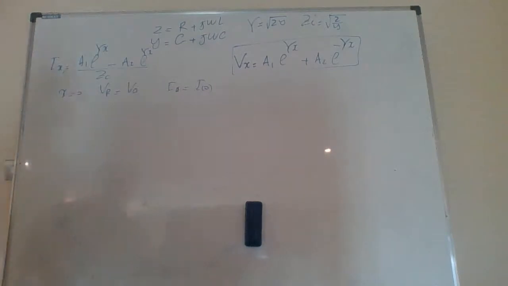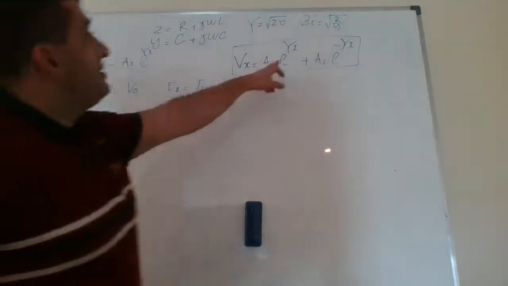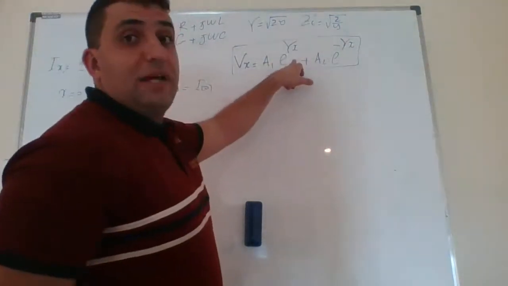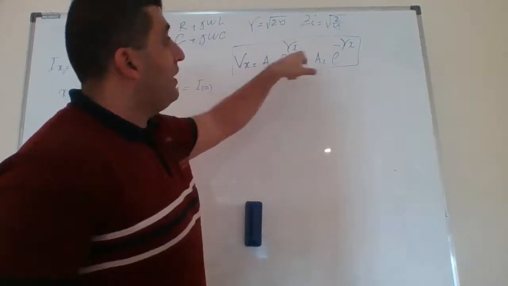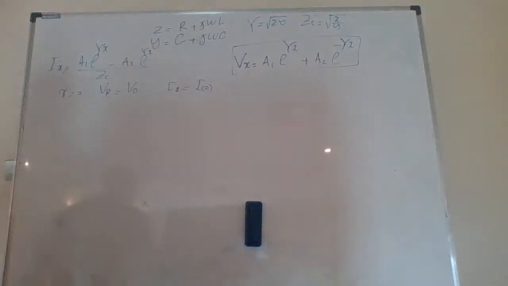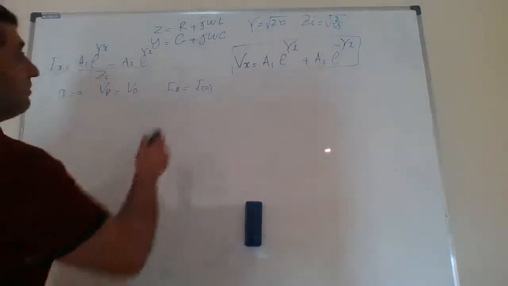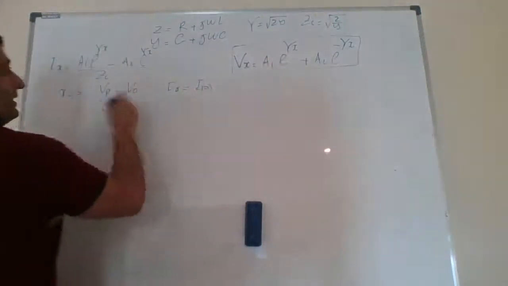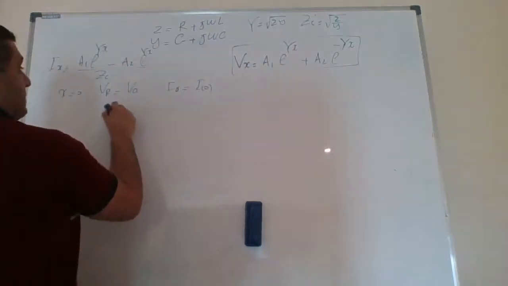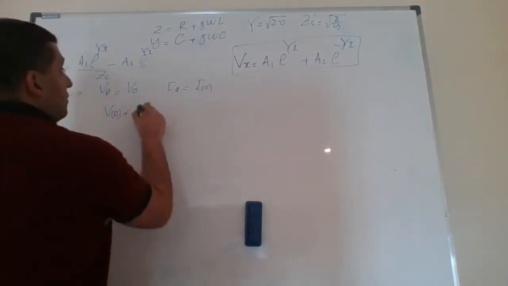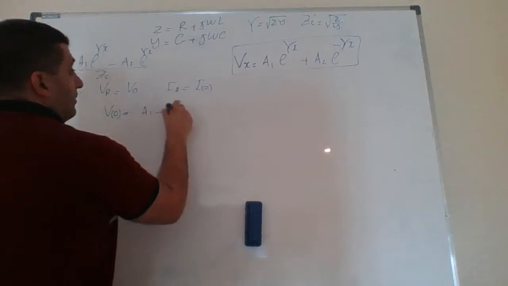So at x is 0, what do I have? I have VR equal to A1 plus A2, isn't it? At x is 0, I apply it in here, put 0, so now I have V0 equal to A1 plus A2.